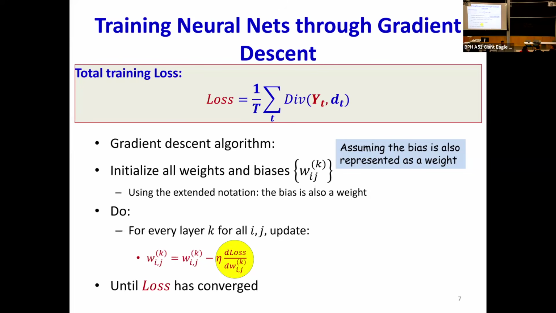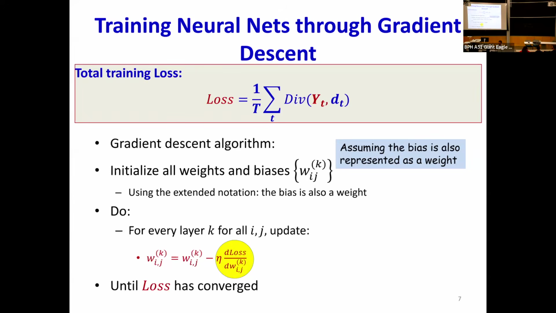So if it's positive, then it means that increasing w is going to increase the loss. If it's negative, increasing w is going to decrease the loss. So at each step, you're going to adjust the weight against the derivative. Moreover, the magnitude tells you how much the loss will change. So it makes sense. You're going to perturb each parameter in a manner that locally reduces the loss. That's all we are doing. It's a very simple, intuitive algorithm.